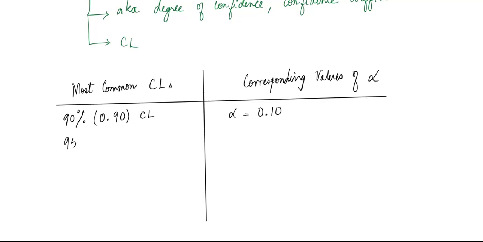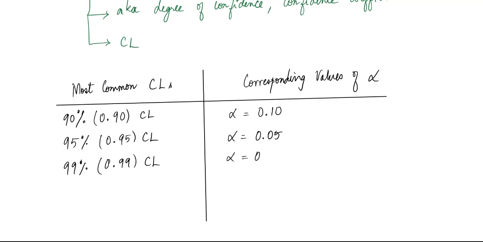If my confidence level is 95%, 0.95, then the leftover error is 5%, so alpha is 0.05. Then you have 99%, which is stricter, with only 1% room for error, so alpha is 0.01. So this is the relationship between confidence levels and the alpha value.